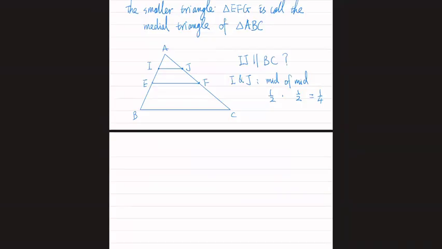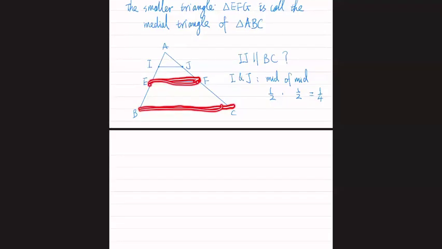Okay, so let's apply our midpoint theorem. At the midpoints, these two lines are parallel. Do you agree? Jessica, what do you think? The midpoints, the two lines must be parallel.